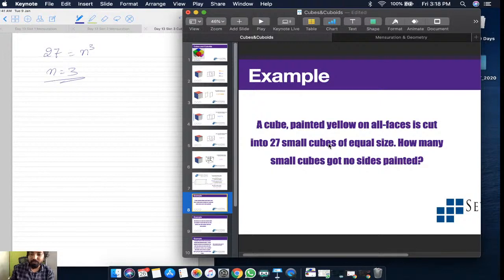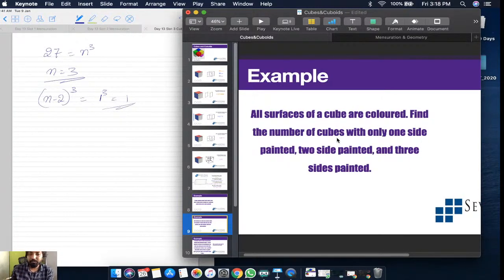If you want no side painted, it will be written as n minus 2 whole cube. 3 minus 2 is 1, and 1 cube is 1. Do the next question.